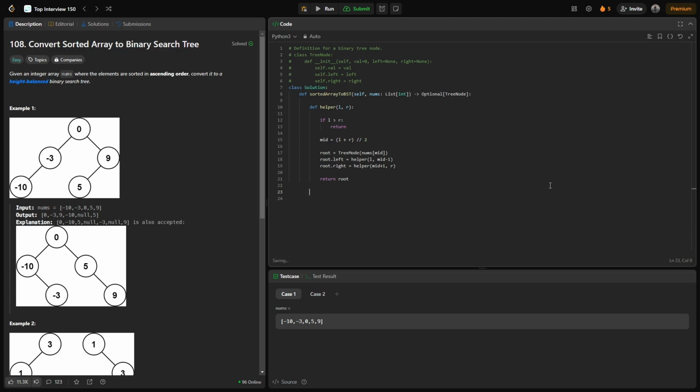And let me call it, let me say return helper 0 and length of nums minus 1.